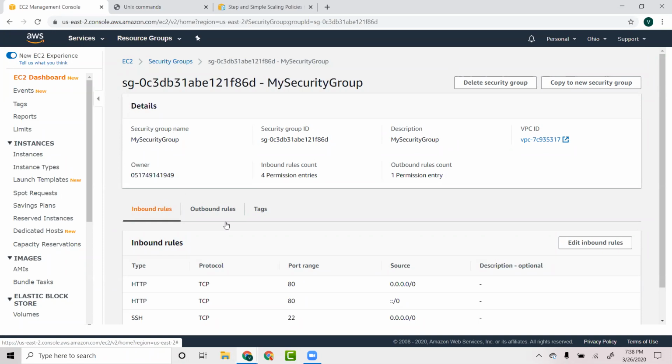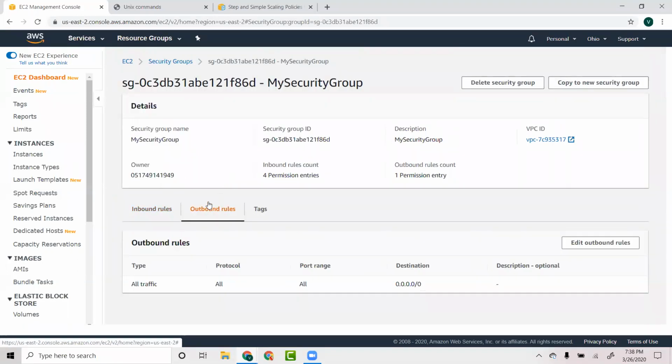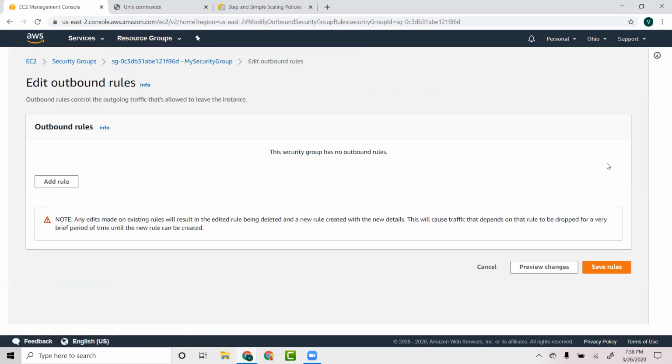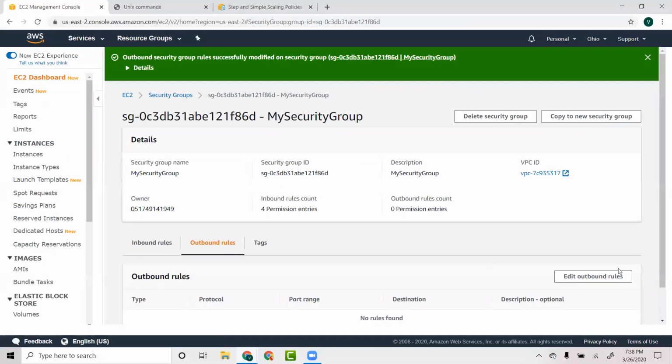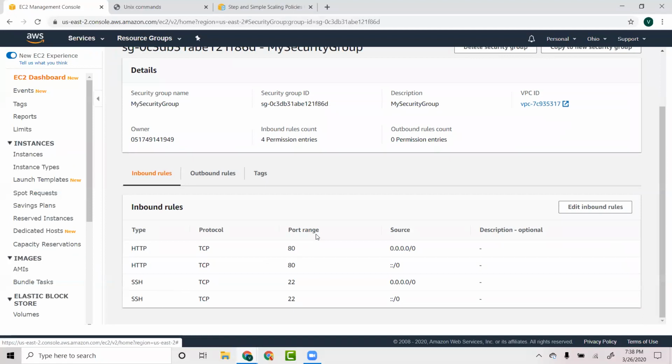So if you allow port 22 from a particular IP address, that means when a packet is coming into your EC2 instance, the outbound is allowed by default. So even if I remove this outbound rule completely, delete it, it will still have no effect, because security groups are stateful.